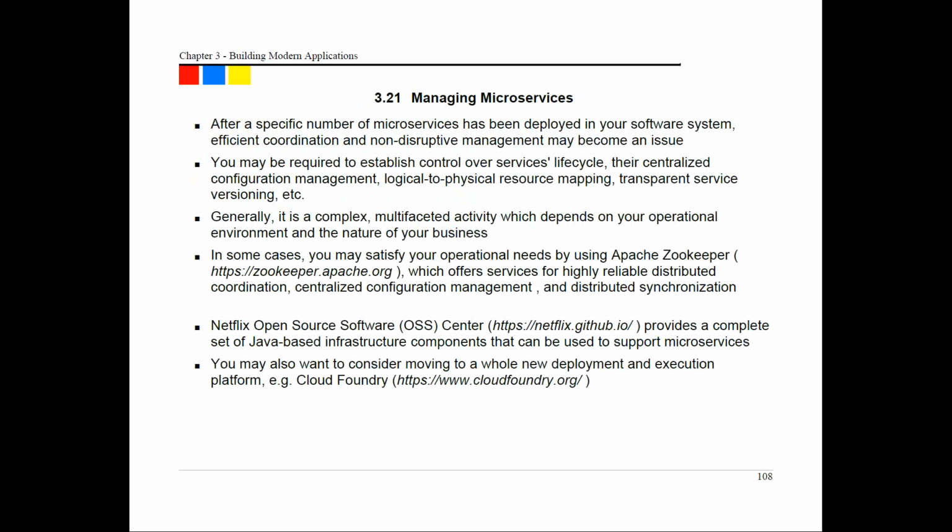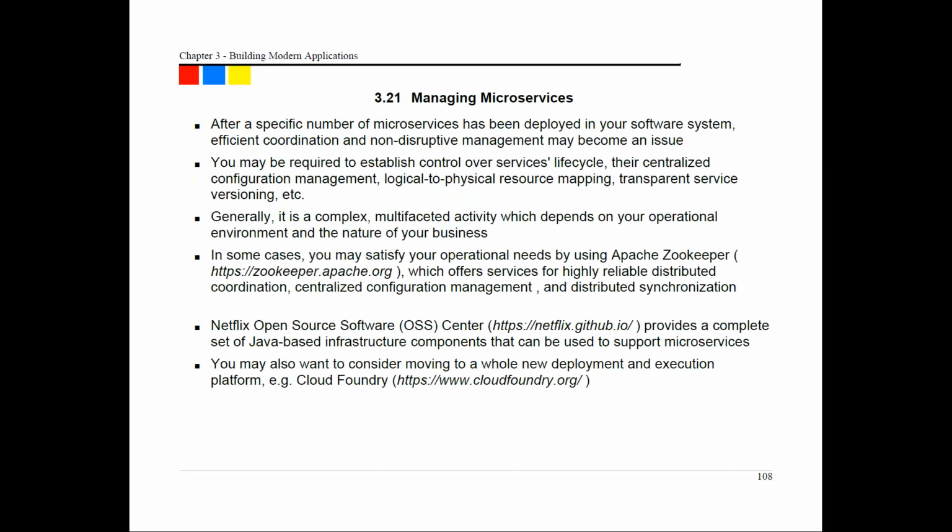The other suite that is very popular is Netflix open source software. Netflix, of course, is the video streaming company. They have always been very open about their architecture, believe it or not, and they have published a lot of their internal operating model as open source.